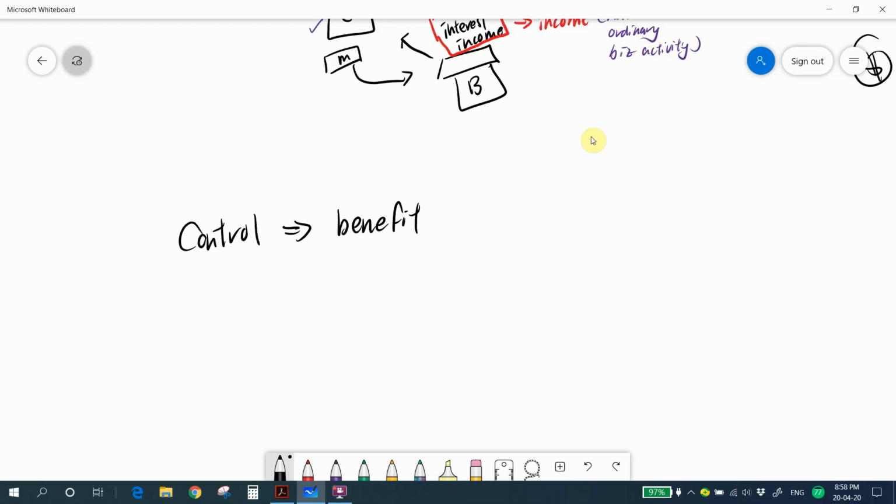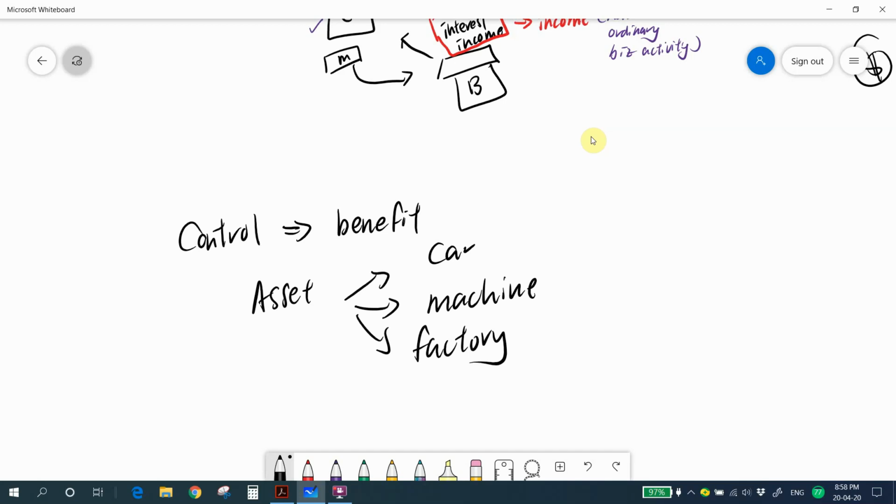Examples of asset: car, machine, factory, computer. Those are the assets for the company.